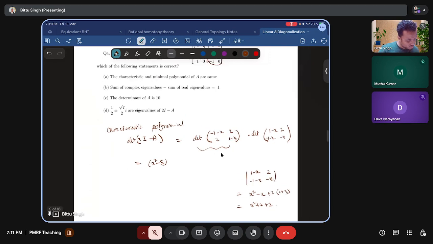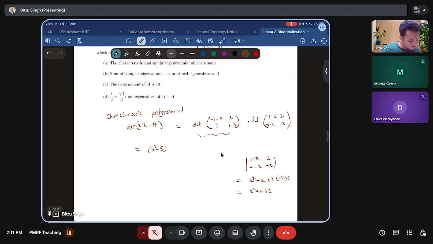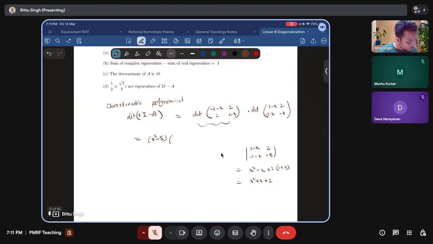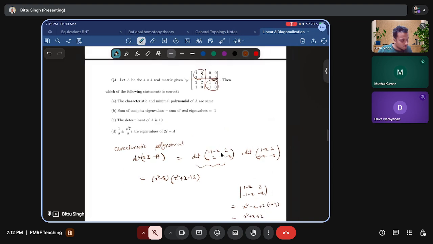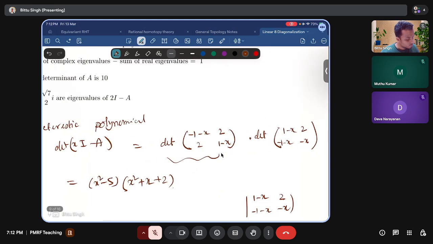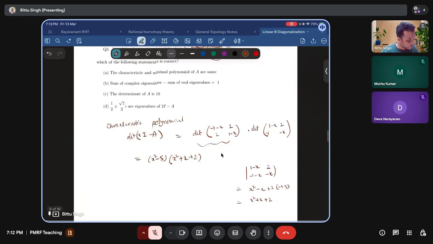From here we cannot factorize further. So it is x square plus x plus 2. Now this is the characteristic polynomial in this case. Oh, sorry. There will be no minus x because we are only subtracting from the diagonal.